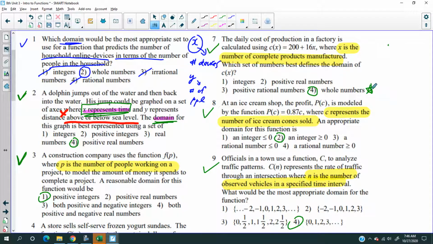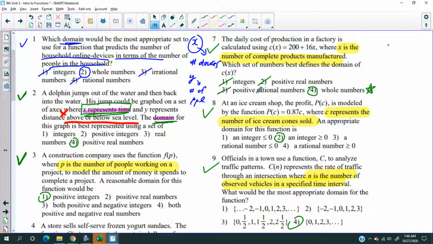7. Now I put a star around choice 4 for number 7, because it has to be the product. I know that it's not integers because that would include negative numbers, and you can't have negative products. Positive real numbers: real numbers include fractions, and you can't have a fraction for a product.